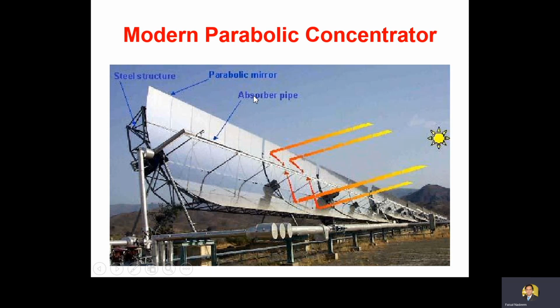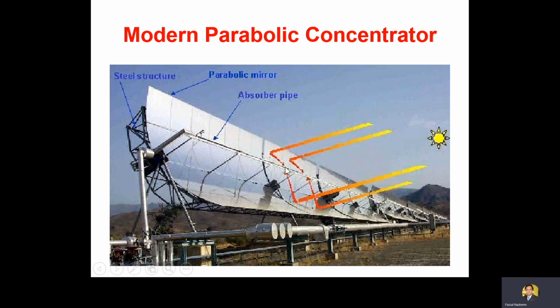So the sunlight will not reach the surface of the cylindrical parabolic trough, and therefore when the light does not reach here, it will not reflect back to this absorber pipe, and resultantly the liquid inside this absorber pipe will not get heated up. So this is a major drawback of this system, and it can be solved with the help of 3D tracking.